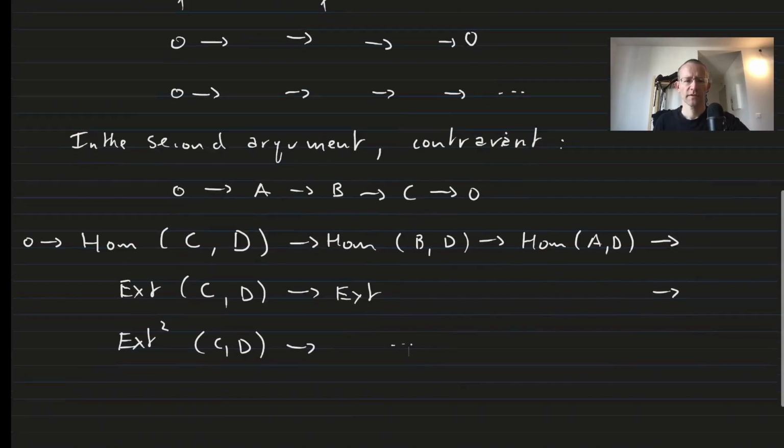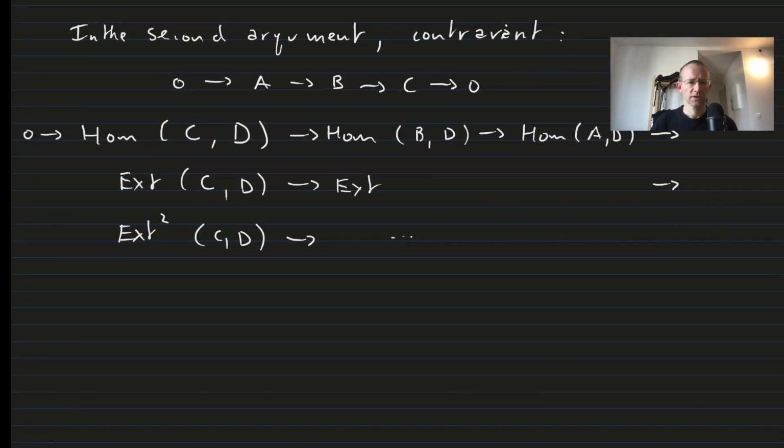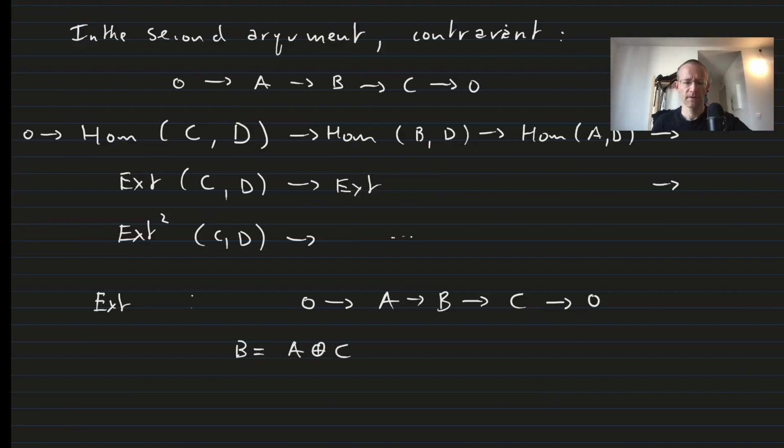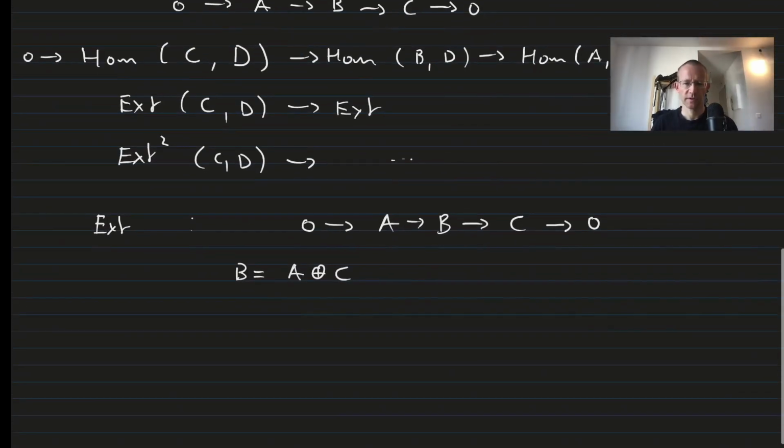Now, one way to think of the first Ext group is to think of it as a measure for the non-trivial extensions of A and C by B. So if this is a split exact sequence, then B is A plus C, and we call this a trivial element of the Ext group, but there may be non-trivial extensions.